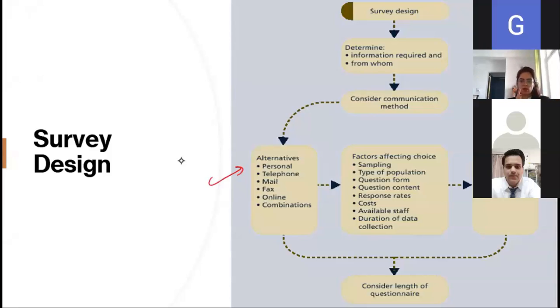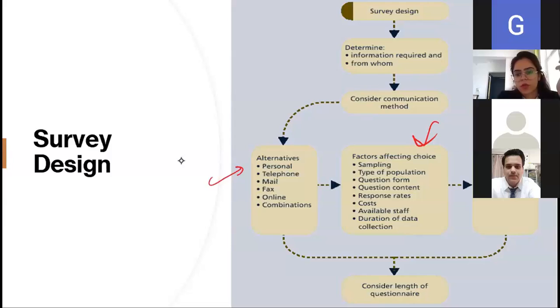Say you are interviewing a person from a rural setting who does not have a good internet connection, so you will not send an online self-administered link to that person. What kind of respondent profile you have to cover defines the kind of survey method that you are using.